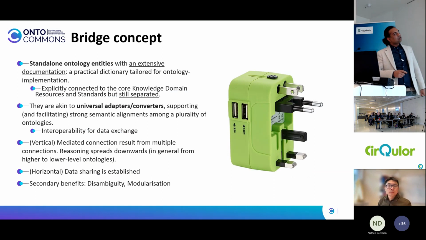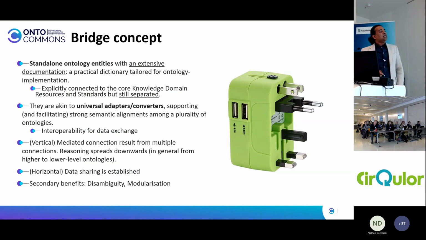And now a little bit on the bridge concept. This is more like an adapter, a universal adapter. This is not an ontological concept. This is external to the ontologies, but you can use it to glue different ontologies together.